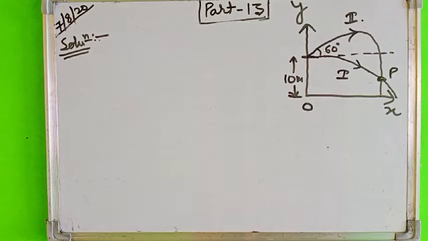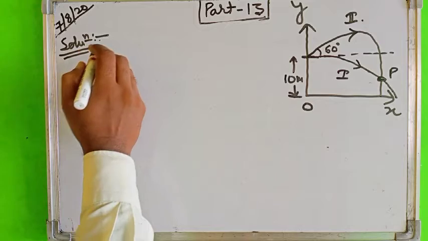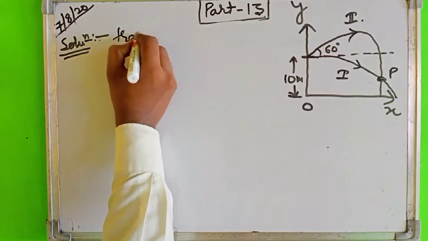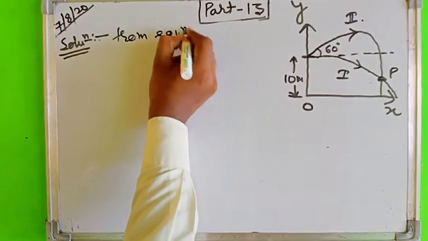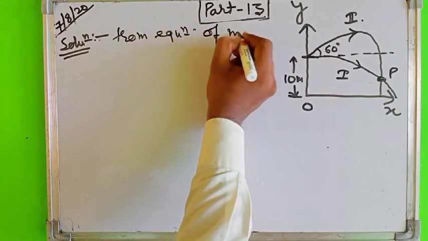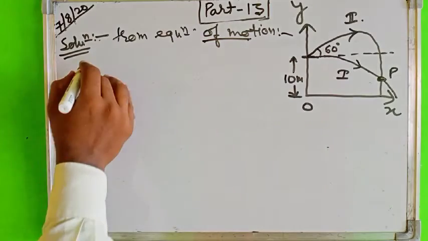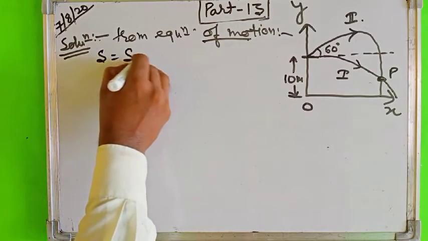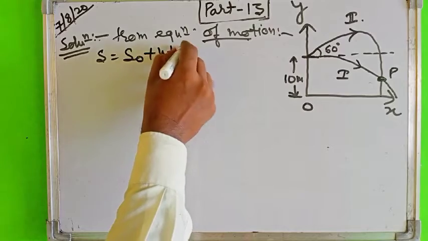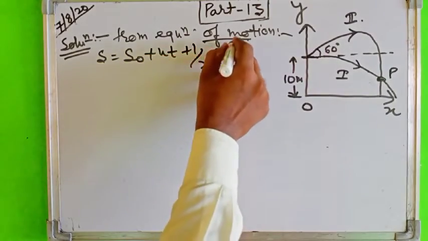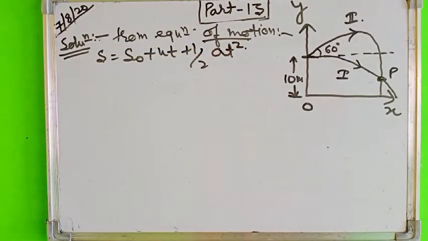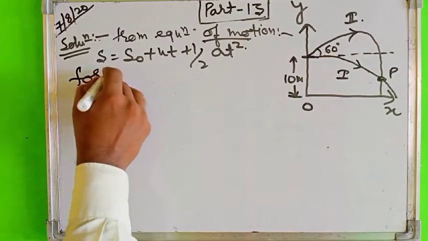So based on this we will discuss from the equation of motion, S is equal to S naught plus ut plus half at square. Now we are calculating for the first gun.